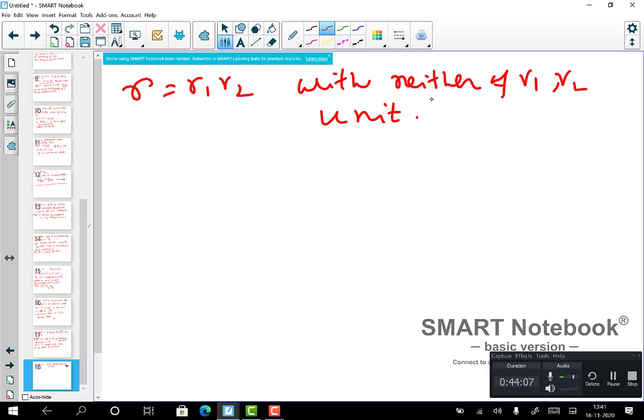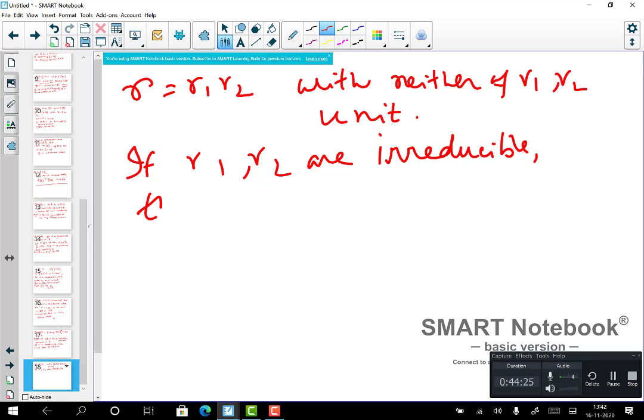Now there are again two choices. For R1 also you can argue the same thing, whether R1 is irreducible or not. So if R1, R2 are irreducible, then we are done, right?